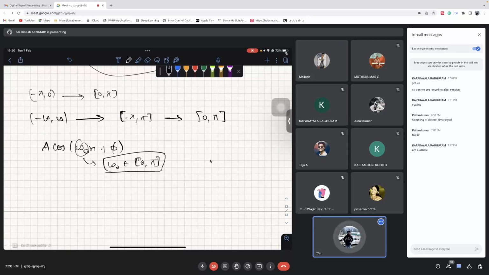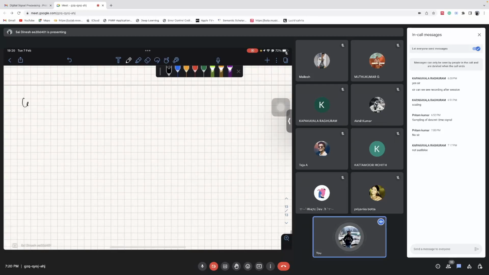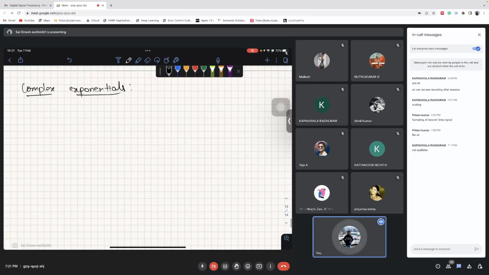Okay. So now we have seen the real sinusoid case. Let's go to the complex sinusoid. Now let's say complex exponentials. After I teach complex exponentials, I'll give a few examples, then it will be clear how to bring this.